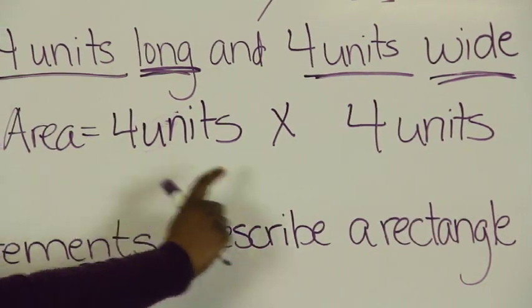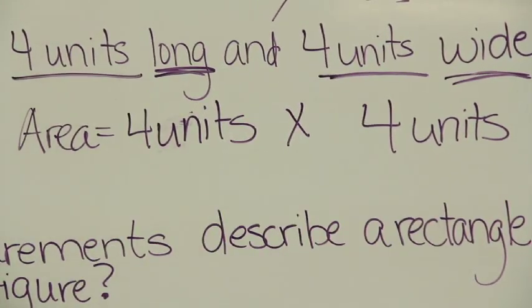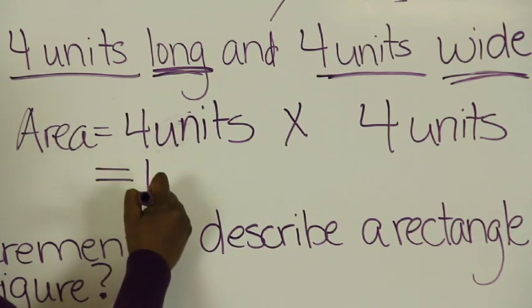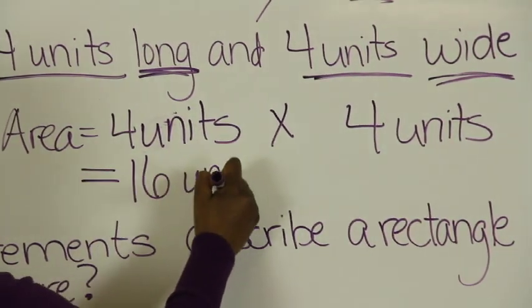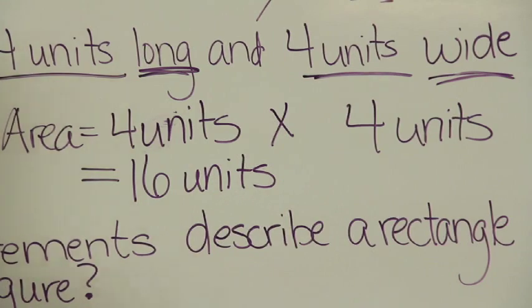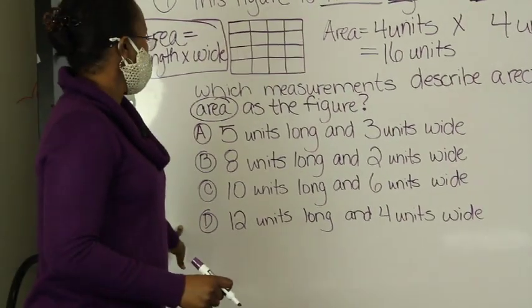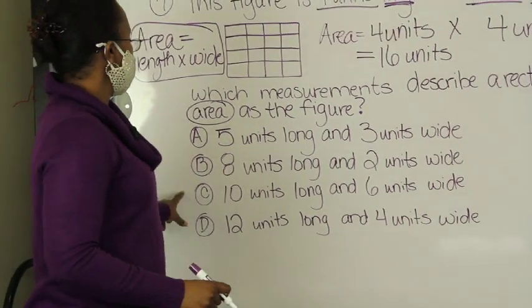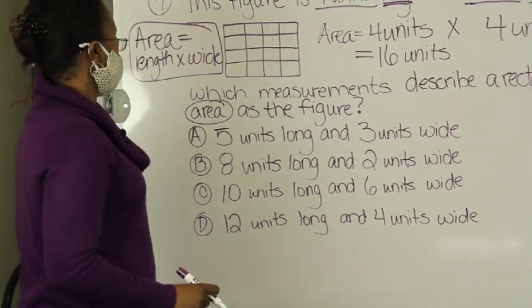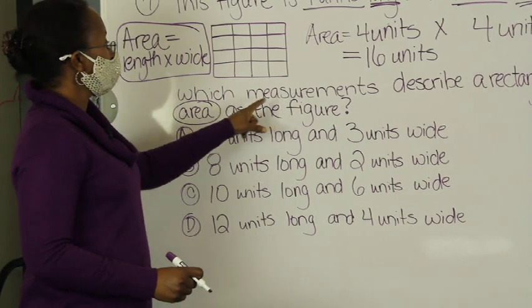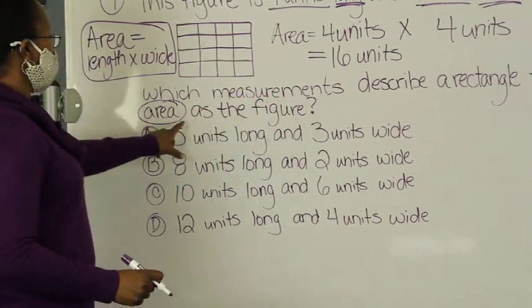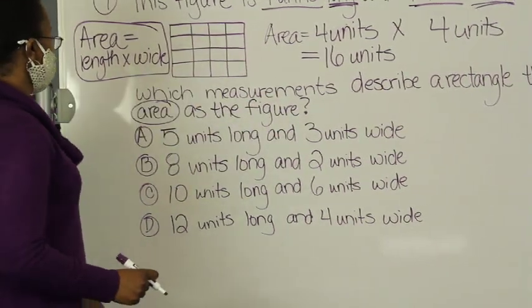So 4 times 4 is what? It's 16. So we'll have 16 units. All right? So now we have to come down here and figure out which one of these equals 16 units, because we're looking for which one is the same area as this diagram here.